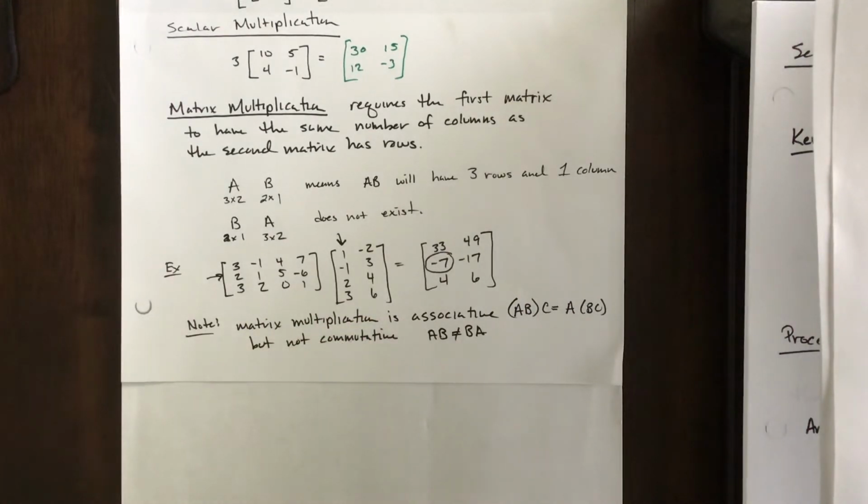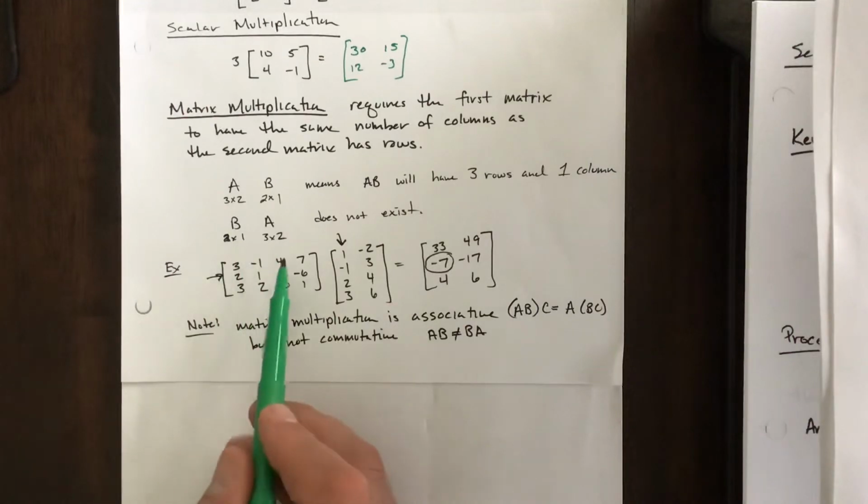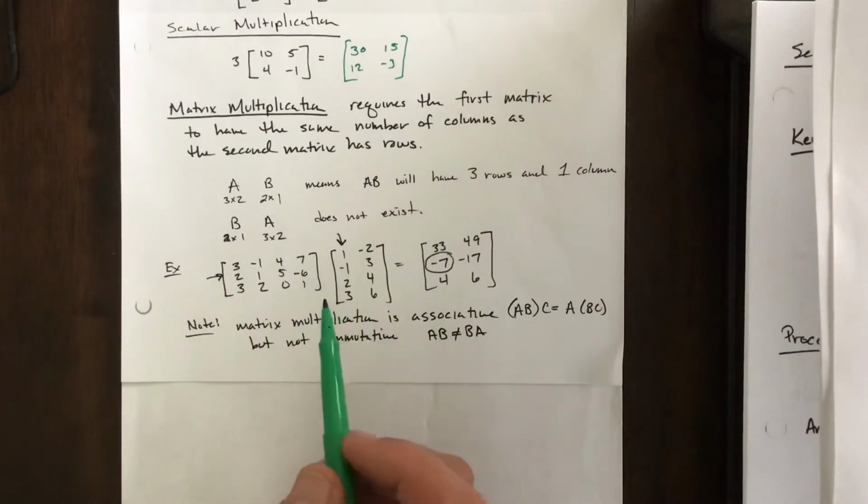It requires the first matrix to have the same number of columns as the second has rows. So that means if A is a 3 by 2 matrix and B is a 2 by 1 matrix, then that product makes sense, but B times A, where B is a 2 by 1 and A is a 3 by 2, doesn't make sense.